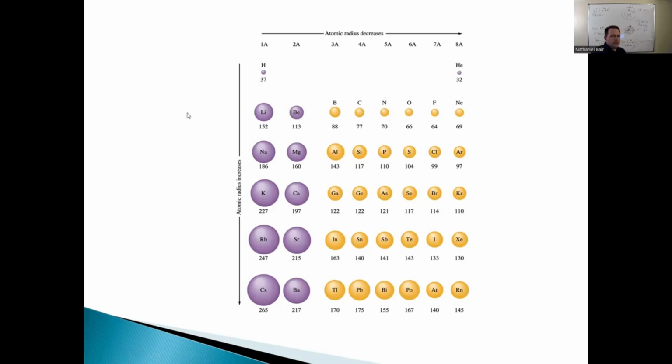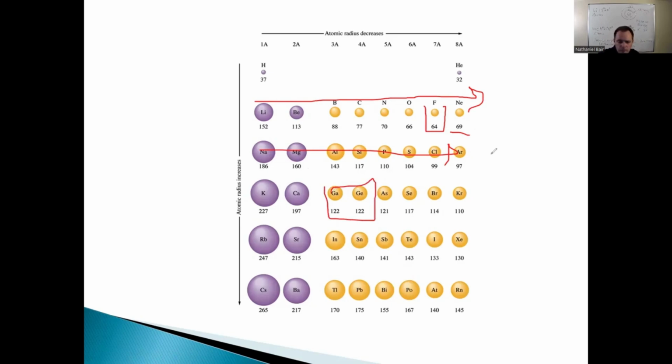Now, it's important to understand that these are trends, folks. There are hiccups. For some reason, fluorine is a little smaller than neon. Why? I don't know, and I don't care. These are trends. It's just saying, hey, in general, they get smaller as you go this way, right? In fact, for that row, I think they do all get smaller. But you can see there's some hiccups along the way, like gallium and germanium, same size.